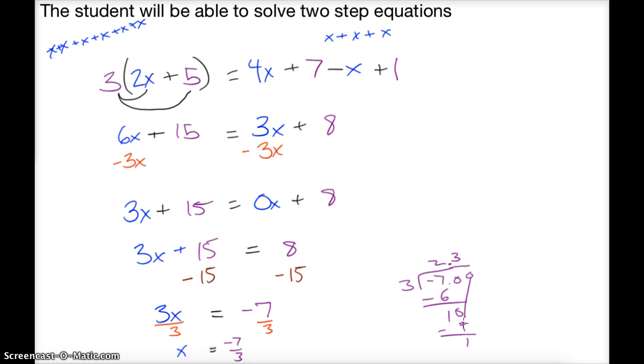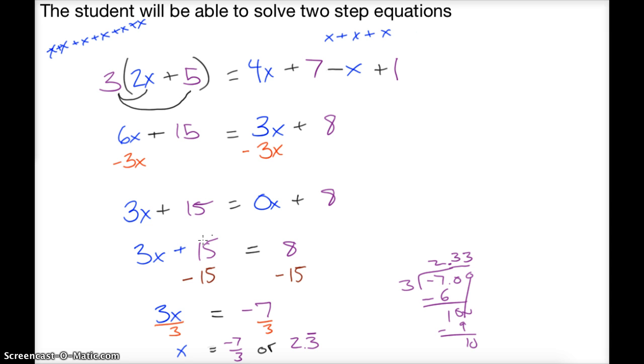So it looks like it's going to be repeating, 2.33 repeating. So x is equal to -7/3, or if I wanted to write it as a decimal, -2.3 repeating. Okay. Usually you'll leave it as a fraction, but just in case they ask you to write a decimal, that's how you would do that.